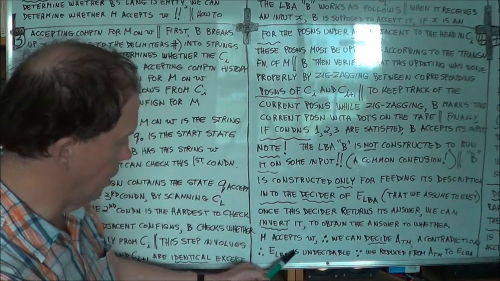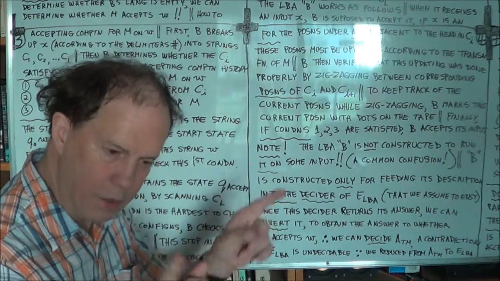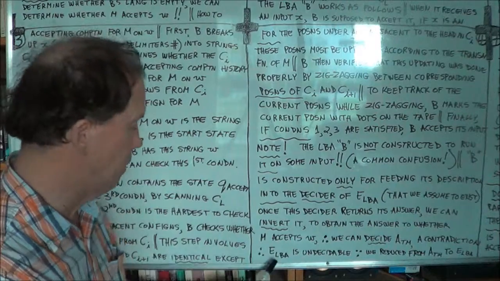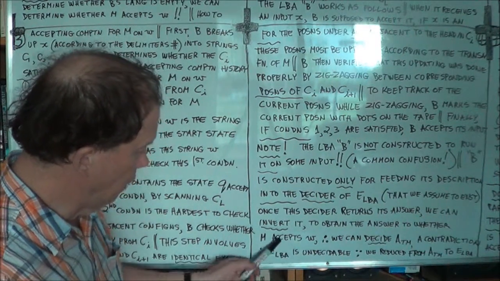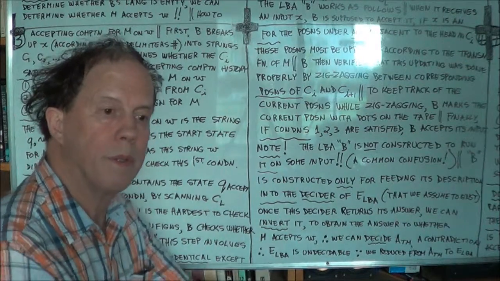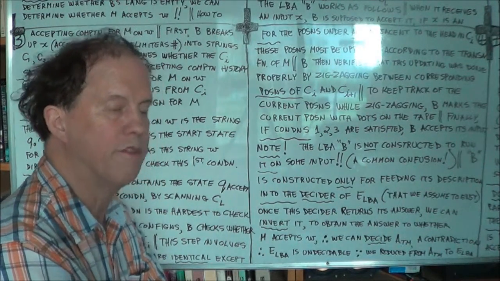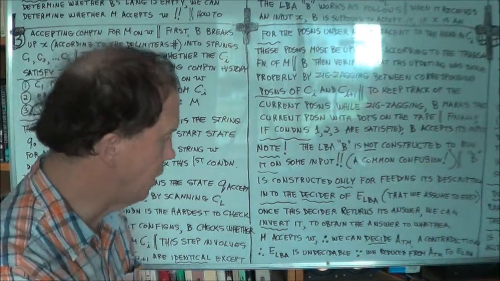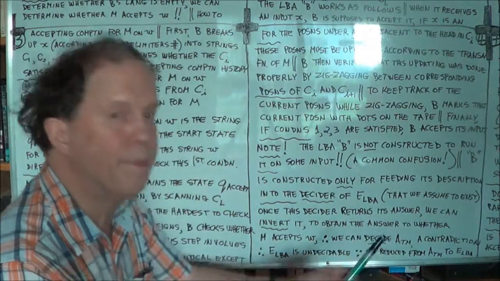And what's the solution to this one? Well, the encoded description of B. The use of the encoded description of B enabled us to decide this.